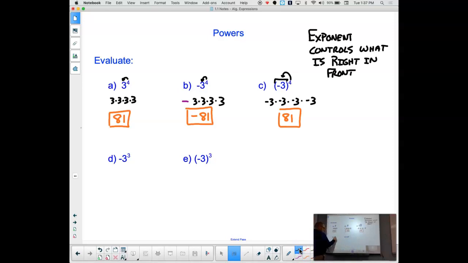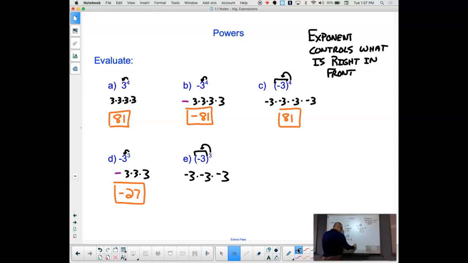Here again, the exponent of 3 is only controlling the 3, so that negative sign comes along, and then it's 3 times 3 times 3, which is 27, negative 27, because the negative sign is out in front. Controlling the whole thing because of the parentheses, this is negative 3 times negative 3 times negative 3, which is negative 27.